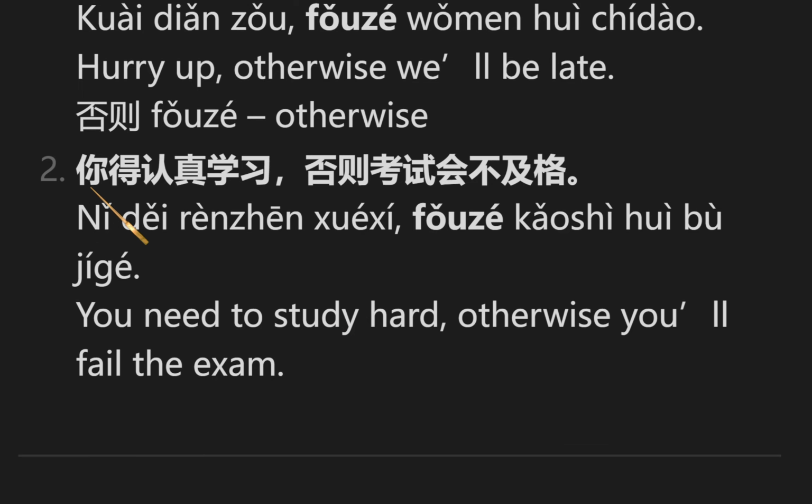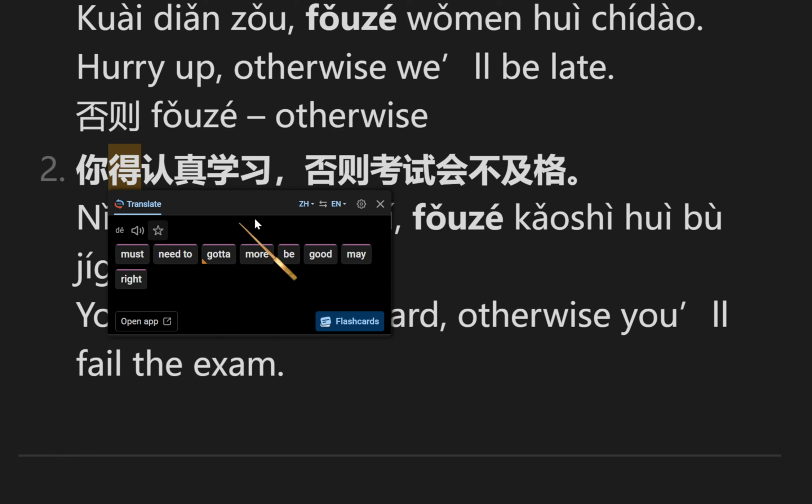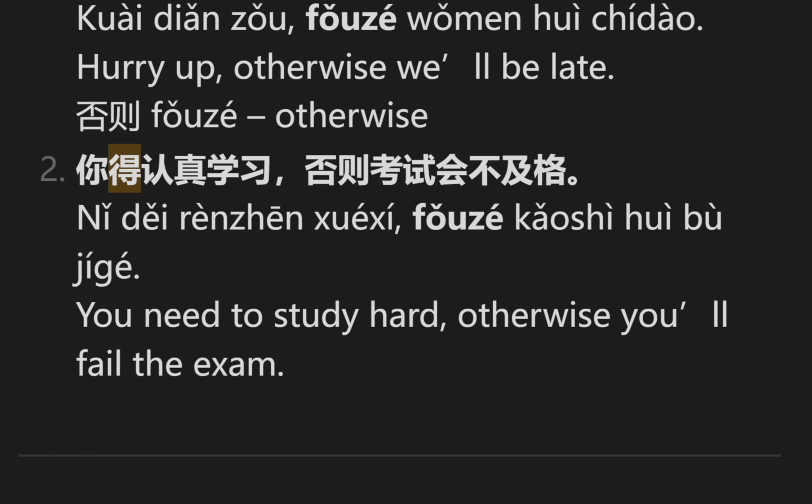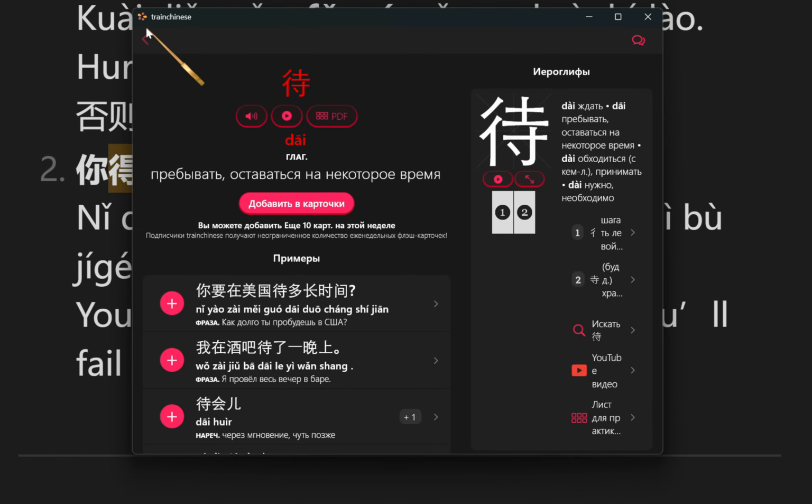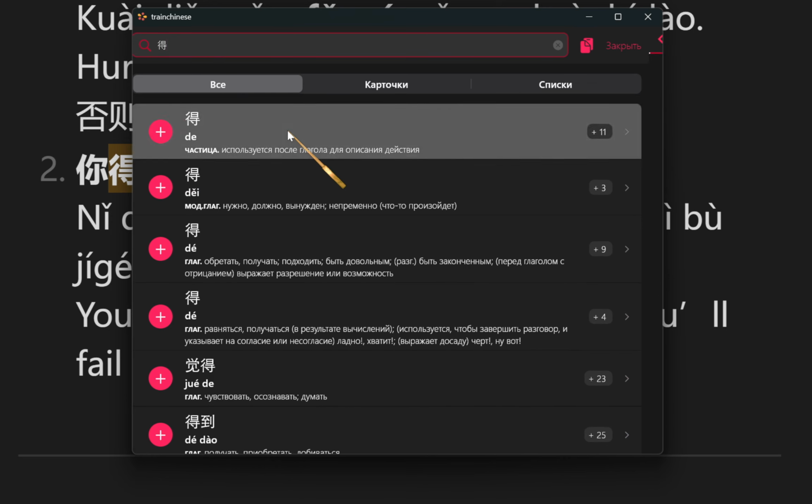Next example, you need to study hard, otherwise you will fail the exam. 你得认真学习，否则考试会不及格。Here is also, you remember them, but here is another pronunciation. Usually it was just de, right?